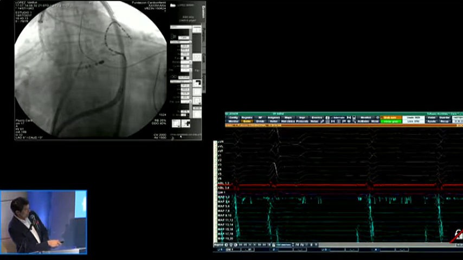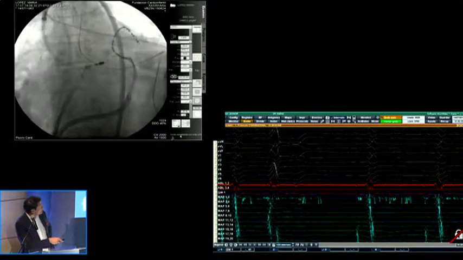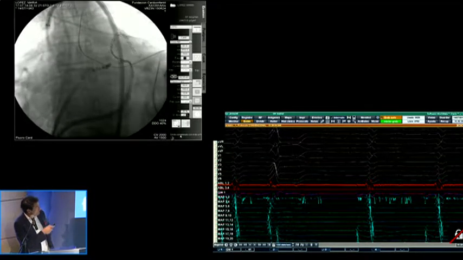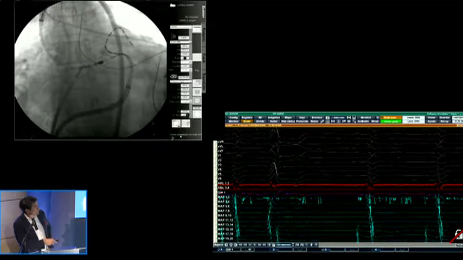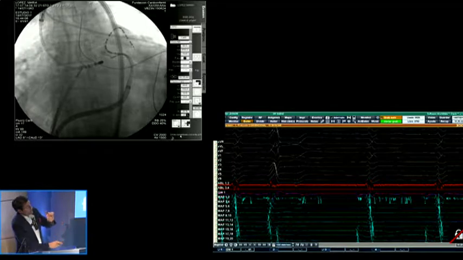And here you have the wire. The wire is further away. The earliest is the epicardial catheter, and the endocardic catheter, which is in front of the epicardial catheter, as you can see, is as early as 13 or 14.